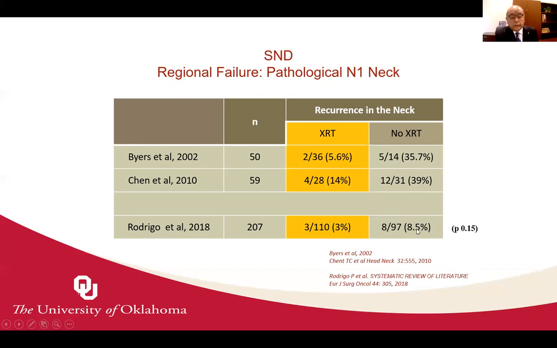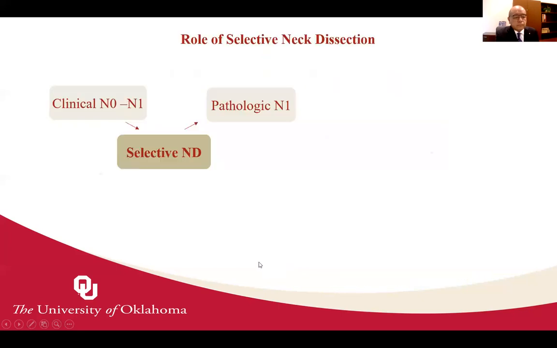But this difference was not statistically significant. So the question of whether or not to radiate the pathologically positive one-node neck is still out there, not completely resolved. So in this situation then, shall we use postoperative radiation therapy?